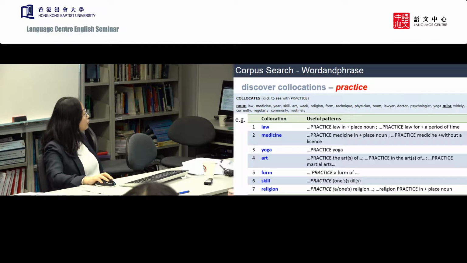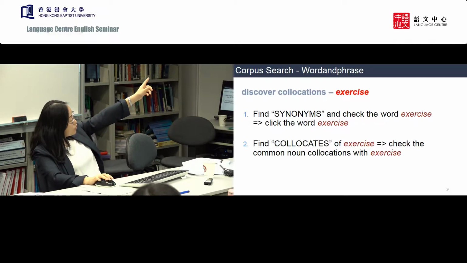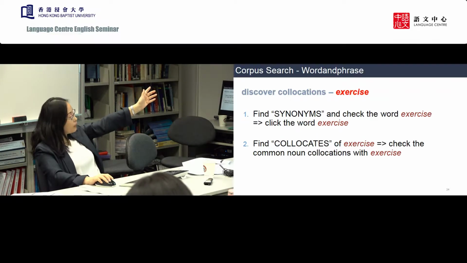And then we can use the synonyms function to find the synonym of practice, exercise.